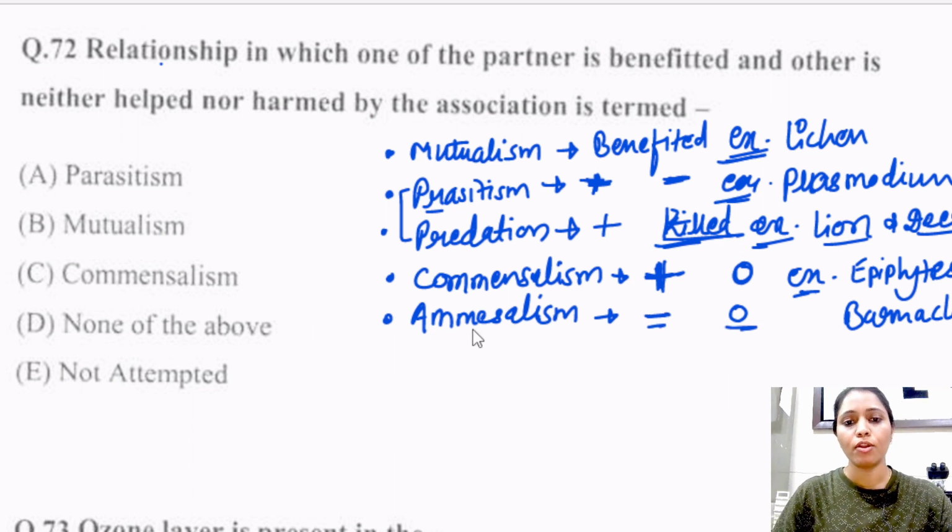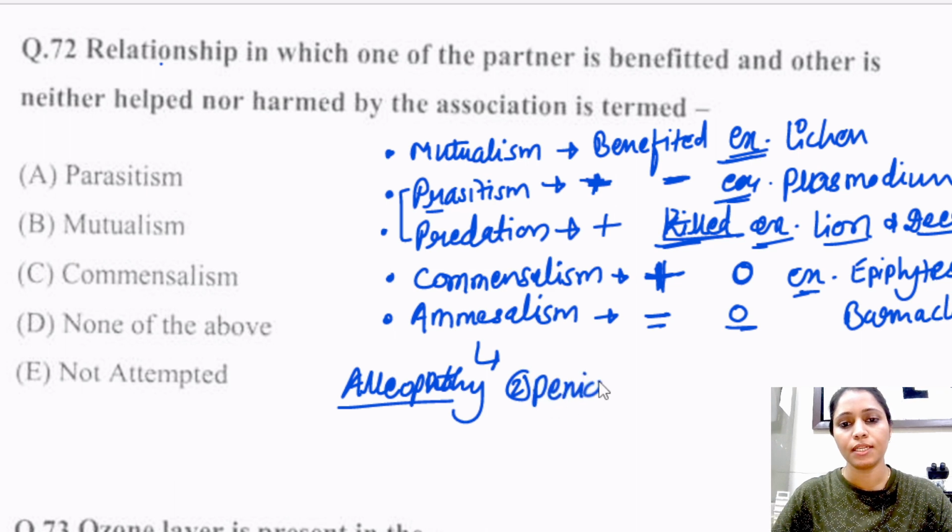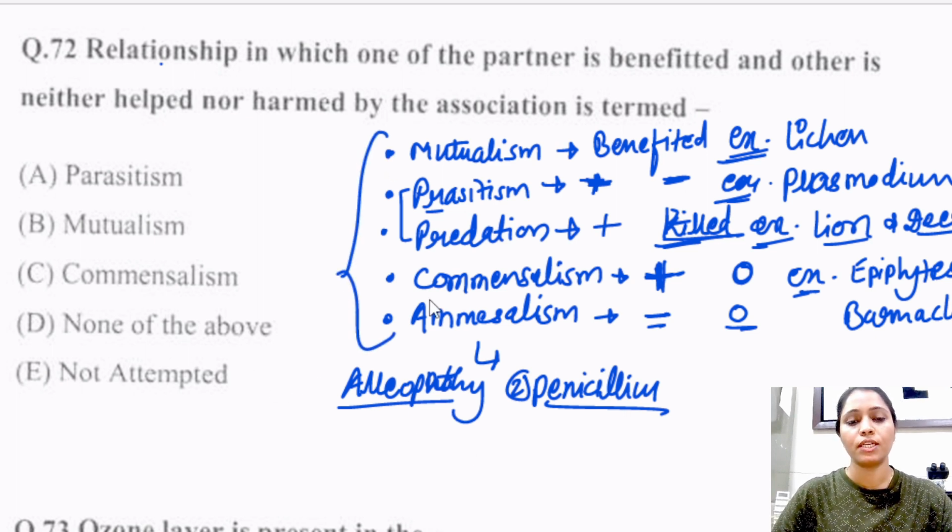If we look at the examples of amensalism, there is allelopathy, which is chemical inhibition by the plants to other plants, and another example is Penicillium, which inhibits the bacteria. So these are the most important relationships between organisms. So answer for this question is commensalism.